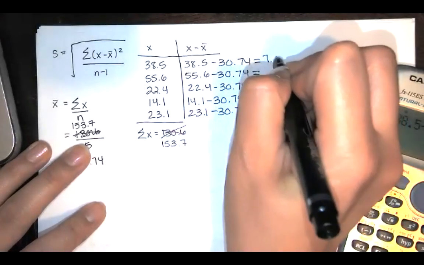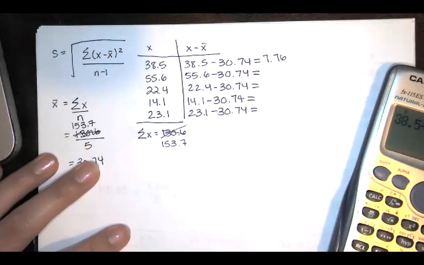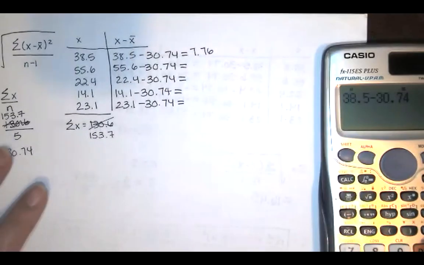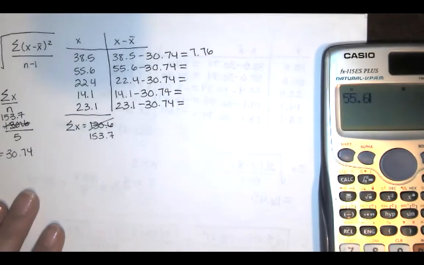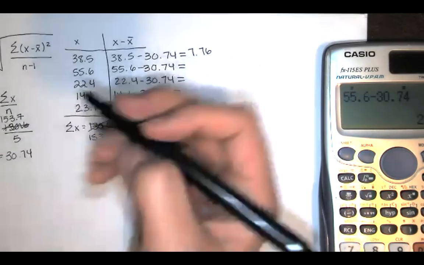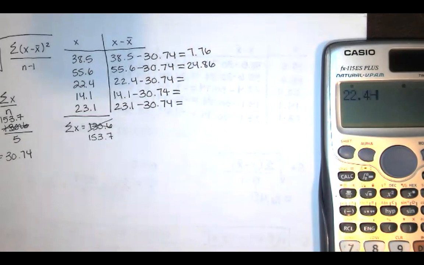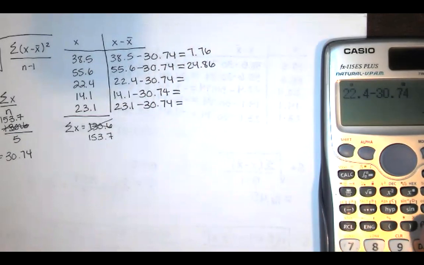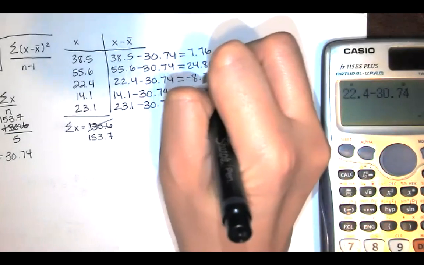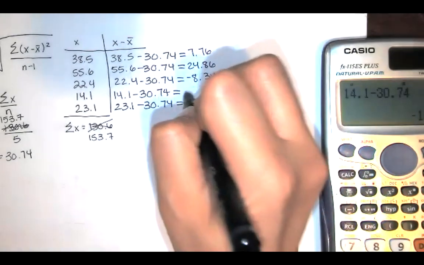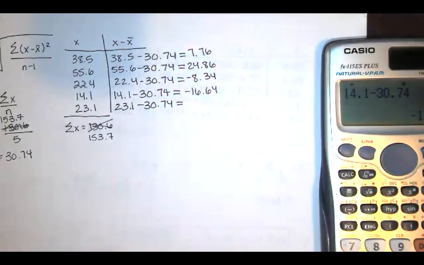So I get 7.76, and we're just going to keep going like this. 55.6 minus the mean. We've got 22.4 minus the mean. 14.1 minus the mean. And then 23.1 minus the mean.